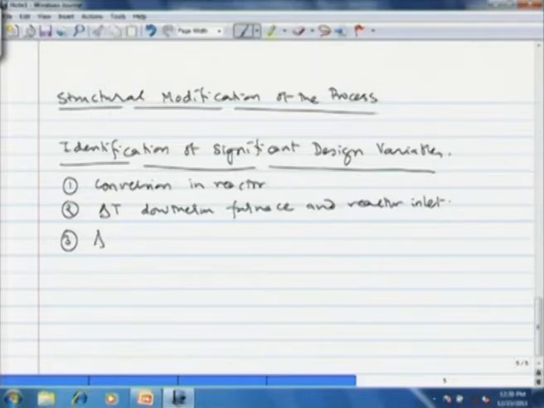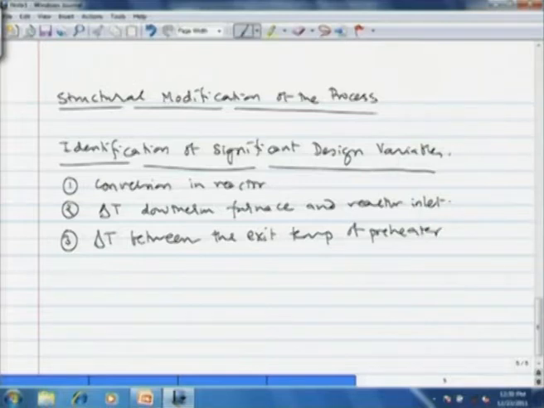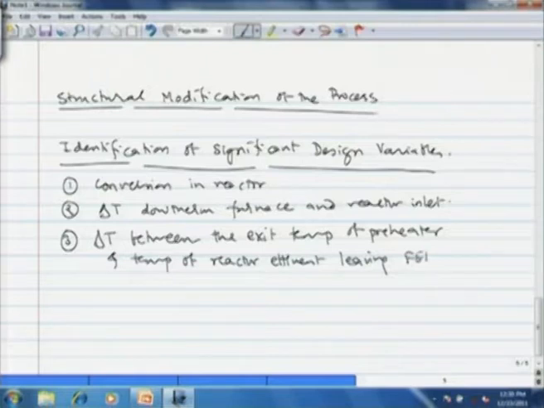Okay, delta T between the exit temperature of preheater and the temperature of reactor effluent leaving the feed to effluent heat exchanger.